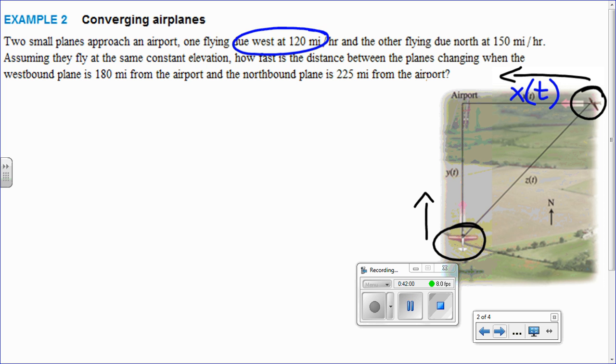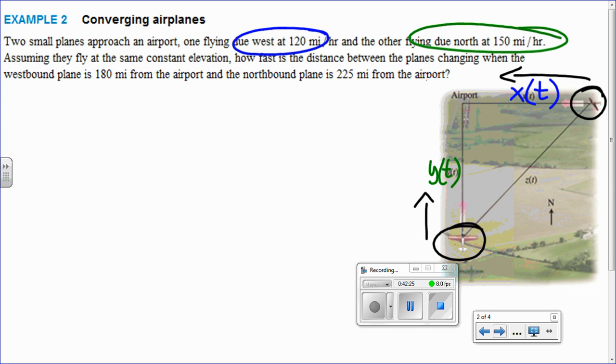And then here, we're using y of t, right, for the other plane. And so that will be 150 miles per hour. Assume that they fly at the same constant elevation. How fast is the distance between the planes changing when the westbound plane is 180 miles from the airport and the northbound plane is 225 miles from the airport.